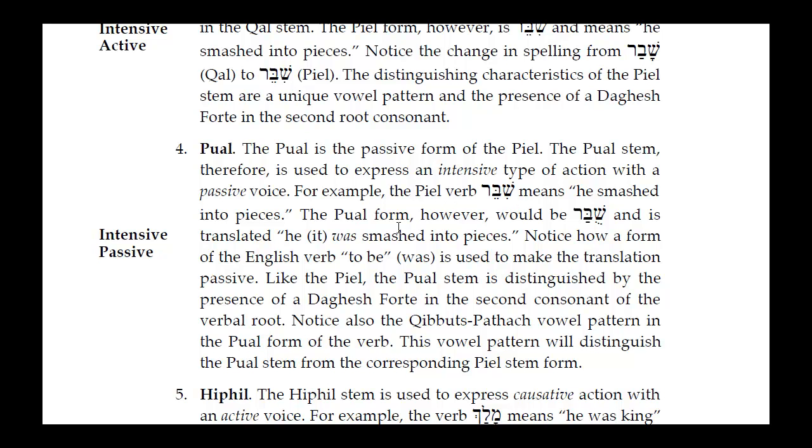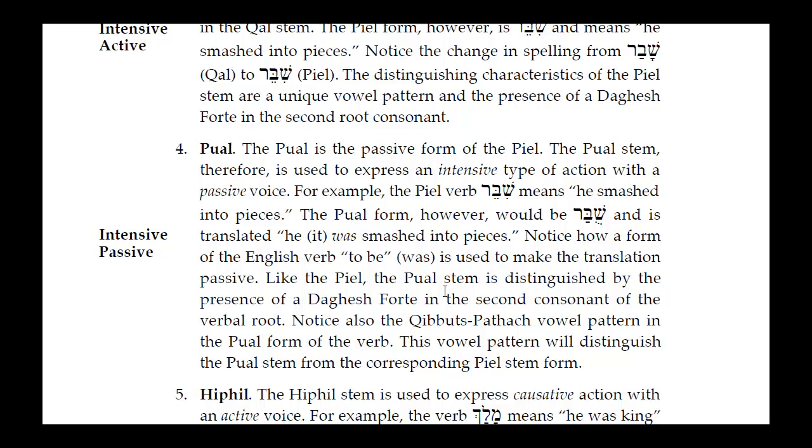The Pual form, however, would be shubar and is translated as he or it was smashed into pieces. So it uses the passive form of the Piel. The subject received the intensive action of the verb. Notice how a form of the English verb to be, like was, is used to make the translation passive.